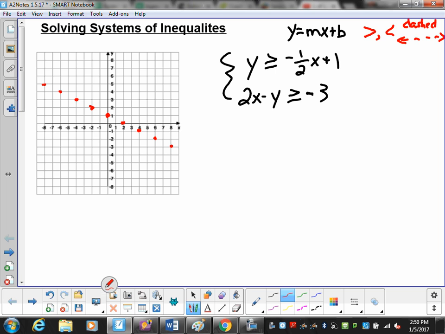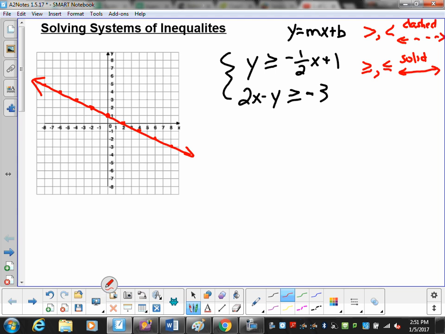If the symbol is greater than or equal to, or less than or equal to, it is a solid line, which looks like the line we've always drawn. Okay? Both of our lines in this one are going to be solid because they both have the equal to symbol with it. Okay? And the solid line means that line is included in the solution, where a dashed line would not be included in the solution. Okay? So this is a solid line, so I'm going to connect the dots. Make the line there.